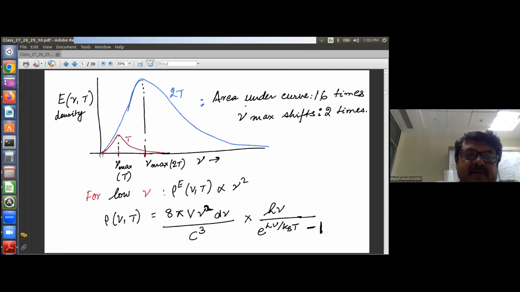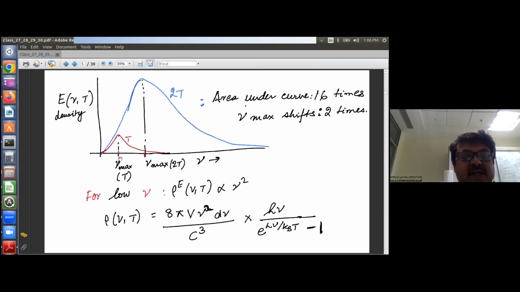If you just increase the temperature, the energy density, power per unit area, would basically increase 16 times. So this energy density will look more like this. I'm not saying that the area under the curve is drawn exactly 16 times, but you see the difference. That's a huge difference in energy density that you get just on increasing the temperature from T to 2T.